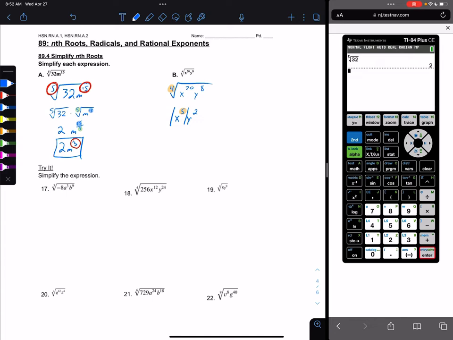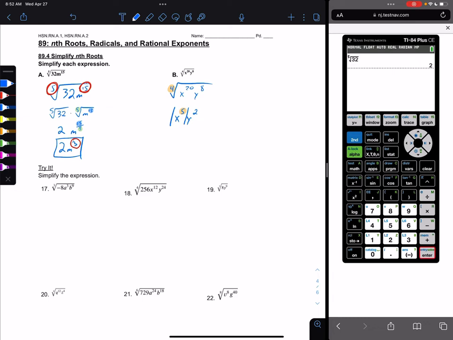Now the y squared, the 2 is even, so we don't need the absolute values because that term is always going to turn out to be positive. For these expressions, we're looking for positive roots, so we kind of have to force the numbers to be positive. We're talking in terms of variables, but we want to make sure that these expressions turn out to be positive. And the way we do that is we use the absolute value symbols.